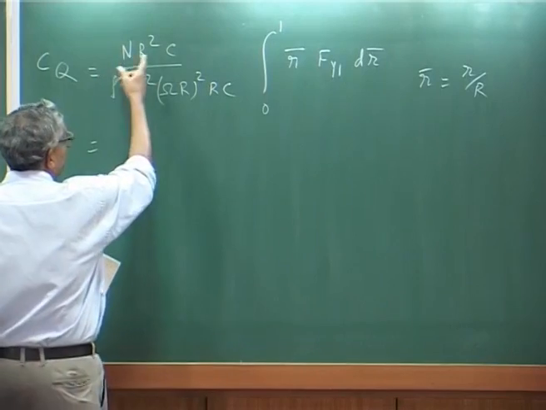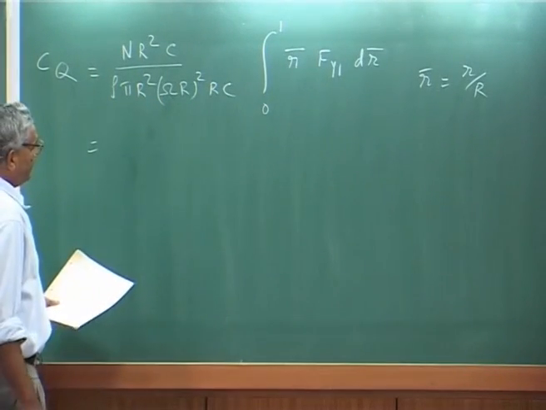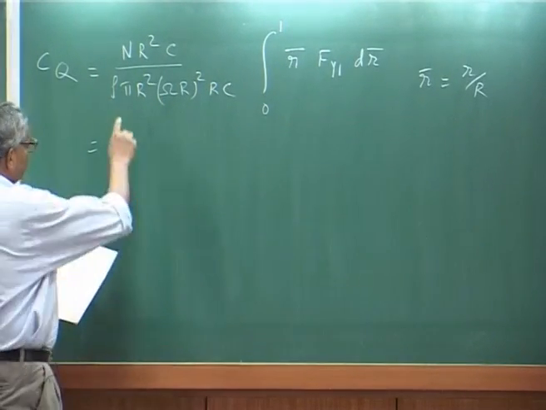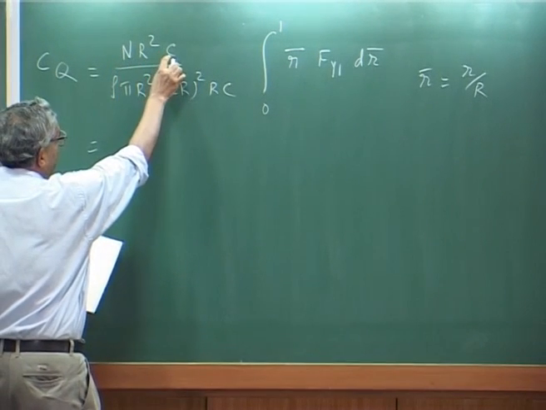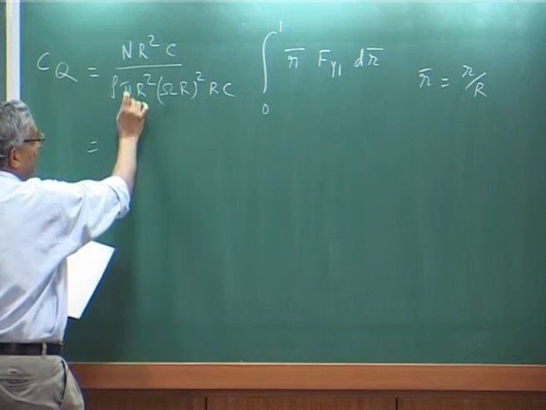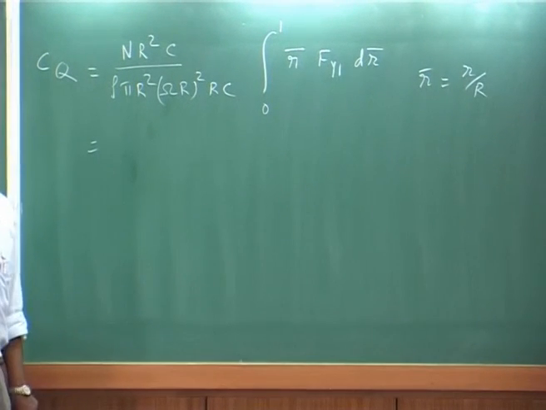This is, you can now take n C r over pi R square, that is sigma, the solidity ratio.